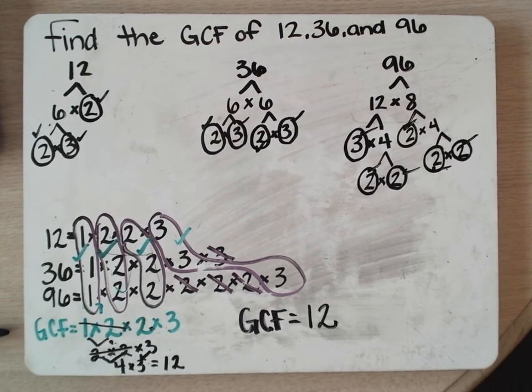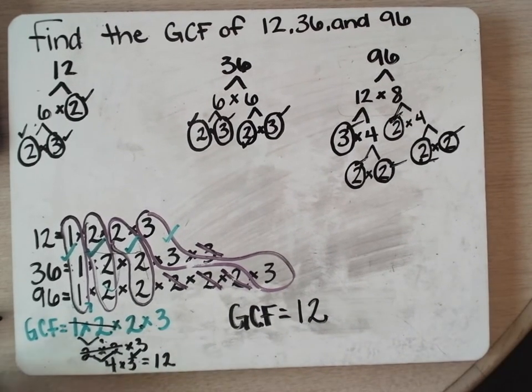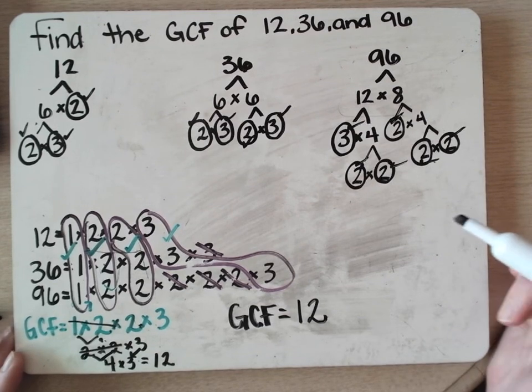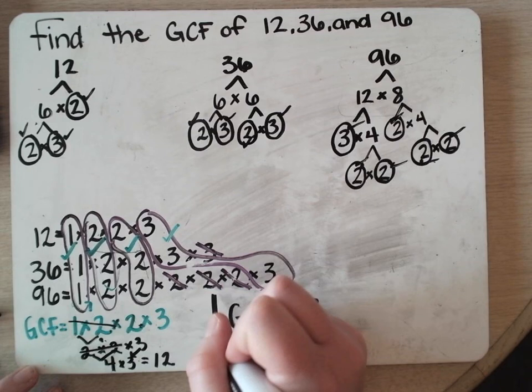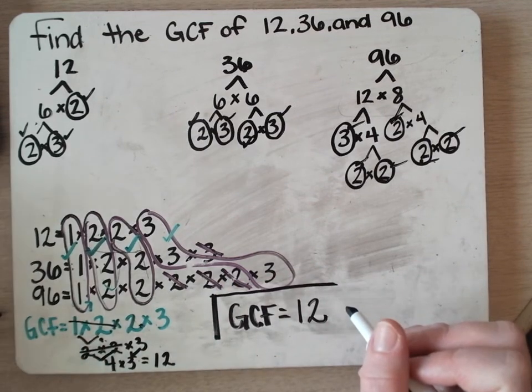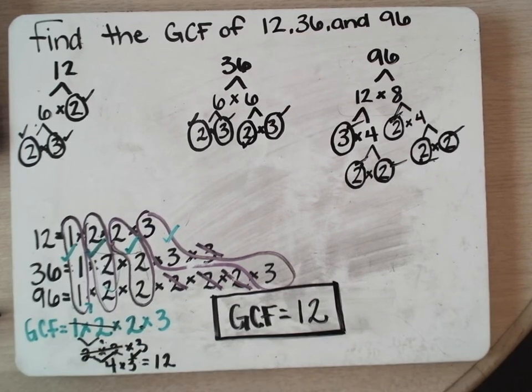You can work it out from left to right, or you can break it up and do it piece by piece. But 1 times 2 times 2 times 3 equals 12. So my greatest common factor of 12, 36, and 96 is 12. That means if you divide all those numbers by 12, it will go into each one of those numbers evenly.